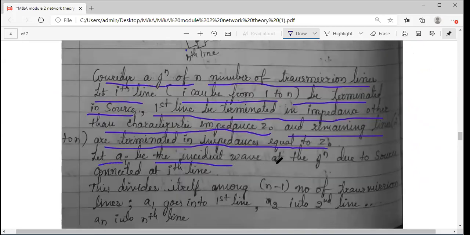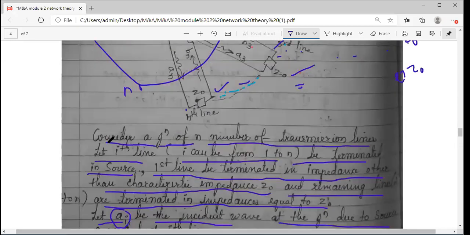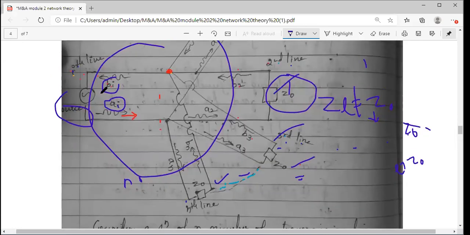Let Ai be the incident wave at the junction due to the source connected to the ith line. So Ai represents the incident wave at the ith line. Similarly, Bi is your reflected wave. Now, observe here, when this incident wave Ai comes here to the junction, out of this total wave Ai, some part gets reflected back.